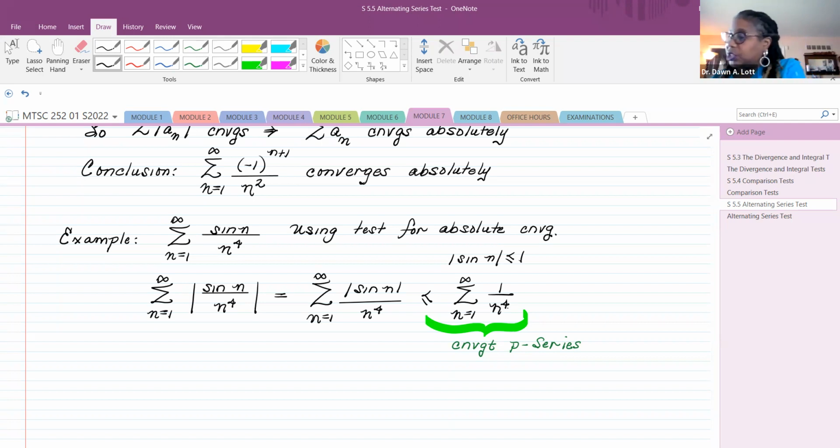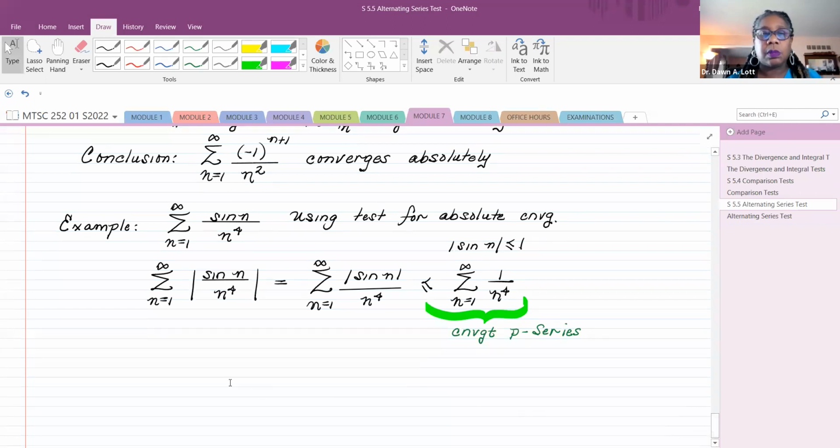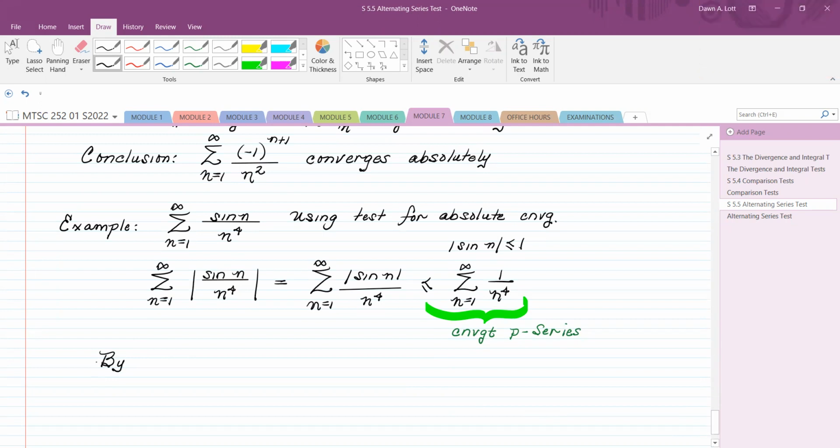Okay, so I have a series b_n bigger than a series a_n, and the series b_n converges. What test am I using? We just did it. So the comparison test. Yay, okay.